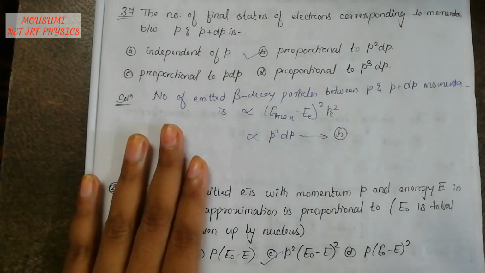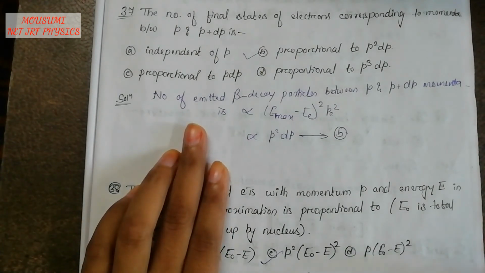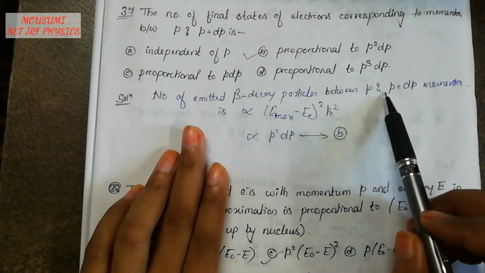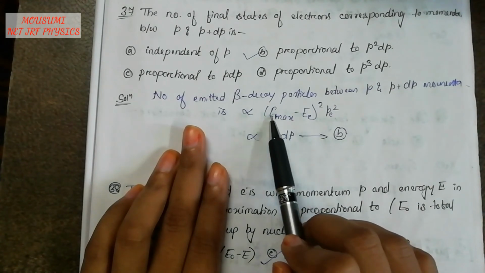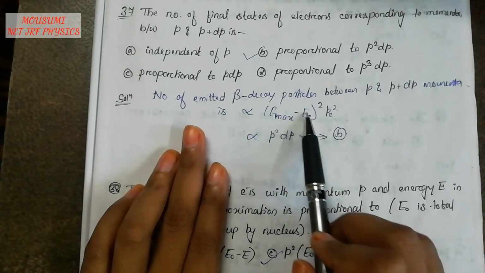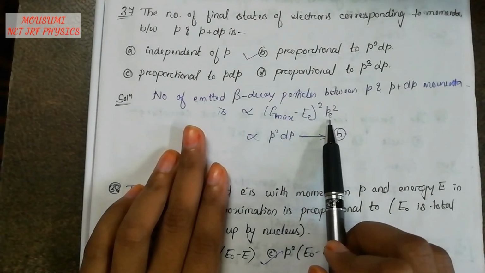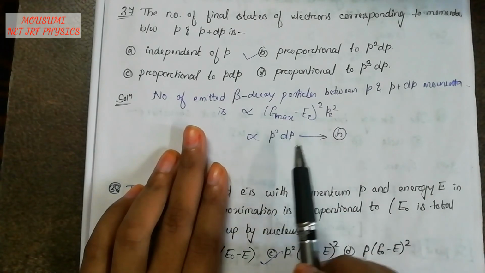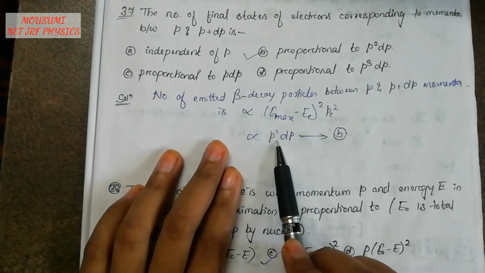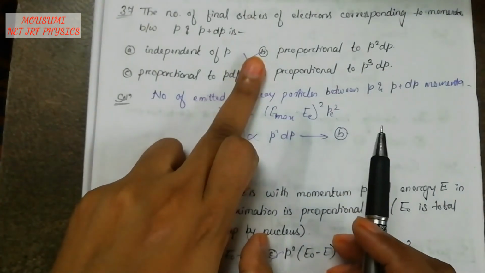If we read about the beta decay process, we know that the number of beta particles emitted between these momenta is proportional to (E maximum minus the energy of the electron) whole squared times P squared, where P is the momentum of the electron. That means it will be proportional to P squared dP. So it is very simple. The answer is P squared dP.